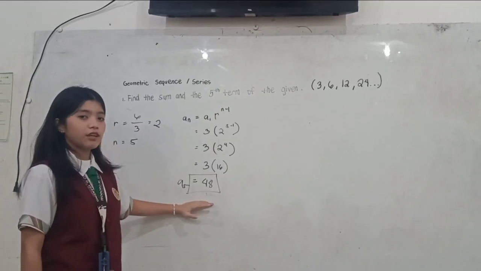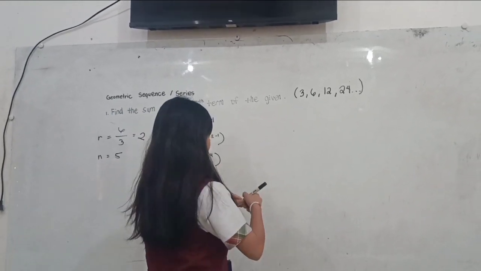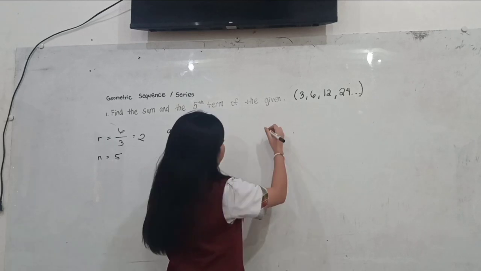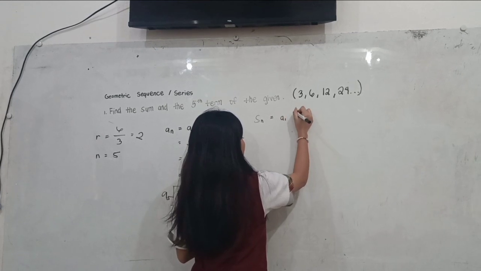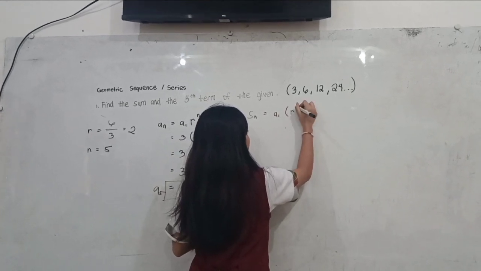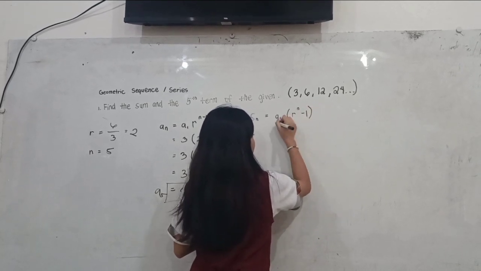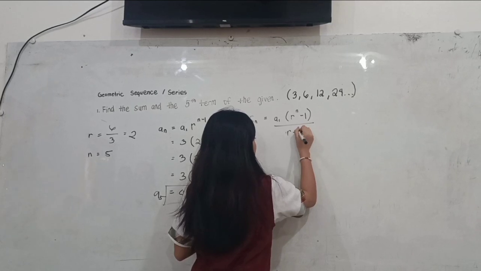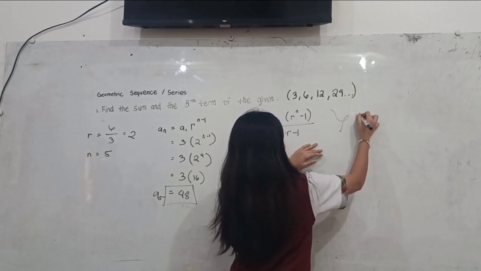After getting the fifth term, next we need to find the sum of the fifth term. So here's our formula: S sub n is equal to a sub 1 times r raised to n minus 1, over r minus 1.